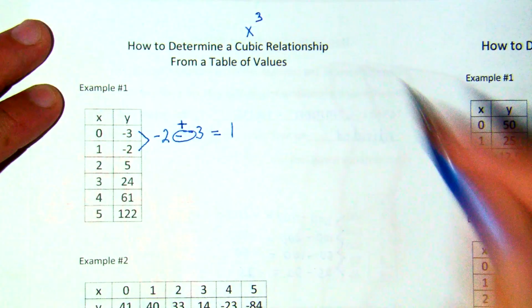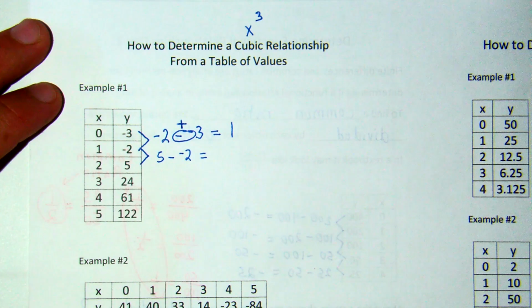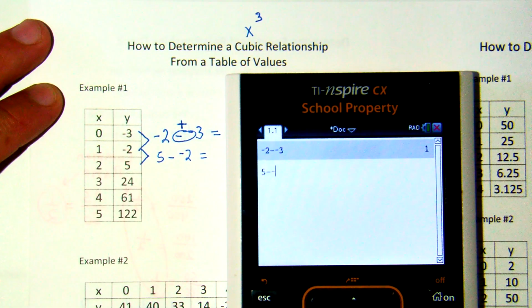Okay, so we can keep it up. So we have 5 minus negative 2. So yet again, I can come here, and 5 subtract negative 2, and I get 7.